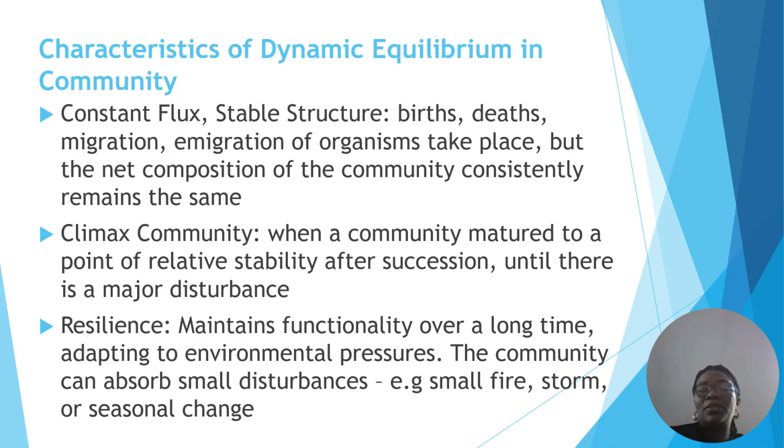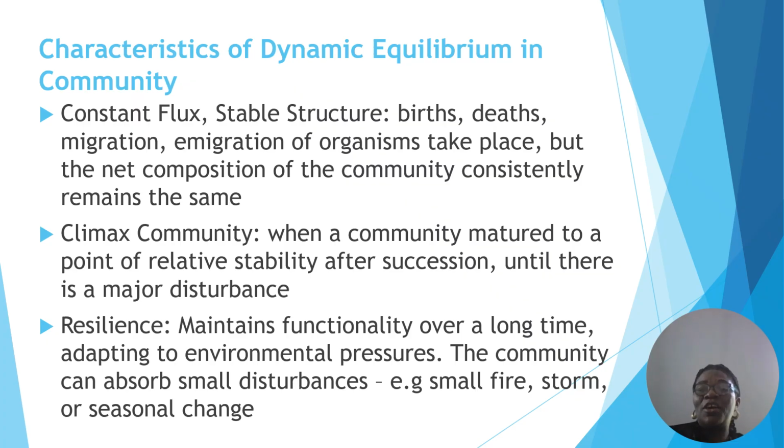Now, let's look at the characteristics of a dynamic equilibrium in a community. We have constant flux. That is, you have a stable structure. We have stable birth, stable death, stable migration, stable immigration of organisms taking place. But the net composition of the community consistently remains the same.